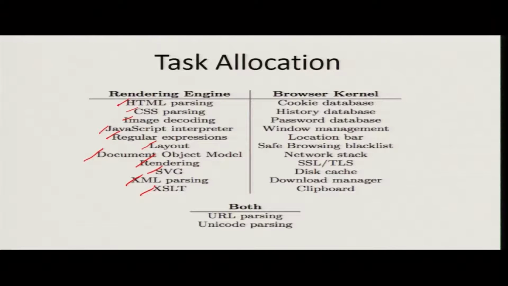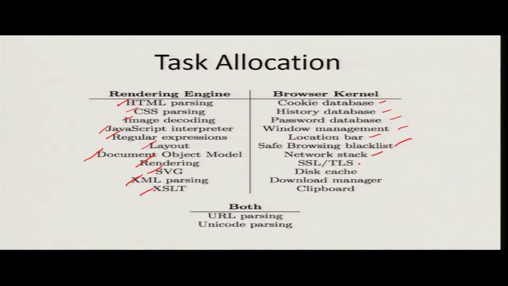Browser kernel maintains the cookie database, history database, password database, window management, location bar, what you see on top of the safe browsing blacklist. So, when some website is blacklisted, that information comes to the kernel. The kernel is supposed to show you some kind of information about that.